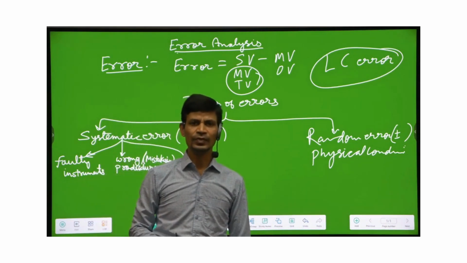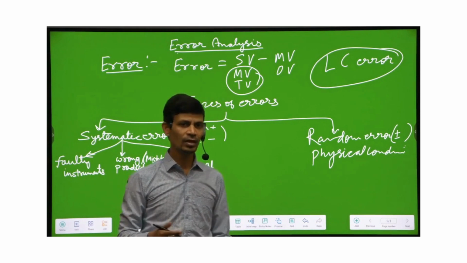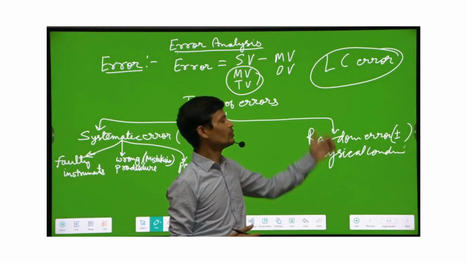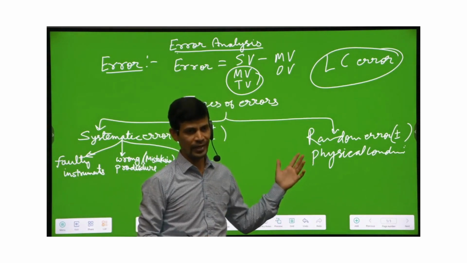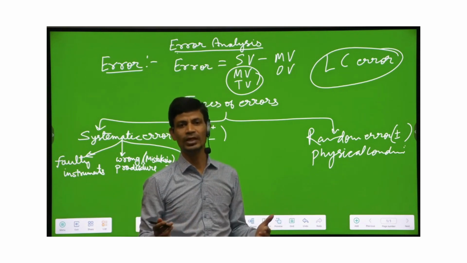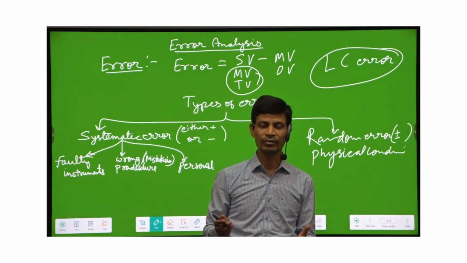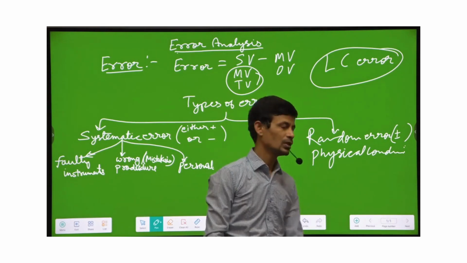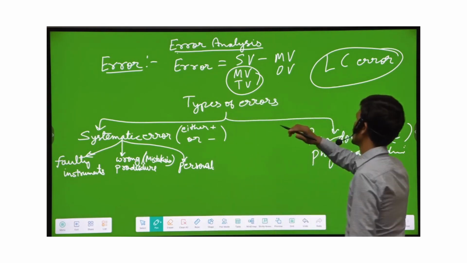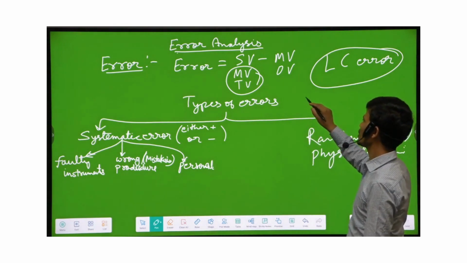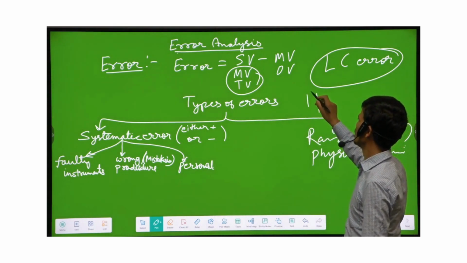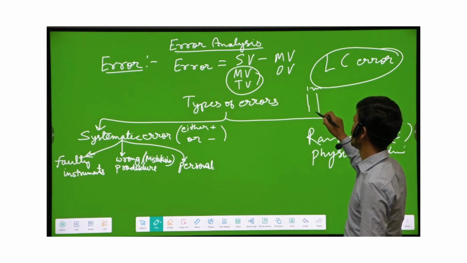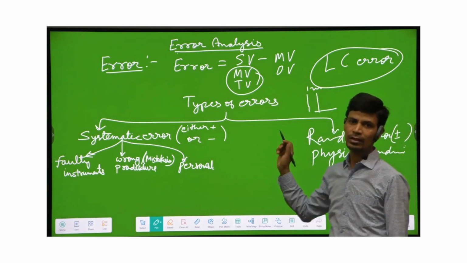Because of least count, we can't remove this error, because each measuring instrument has a least count, a minimum value which it can measure, which minimum non-zero value it can measure. Let us suppose a scale has a least count of 1 millimeter, but some measurement lies between these two marks of 1 millimeter.